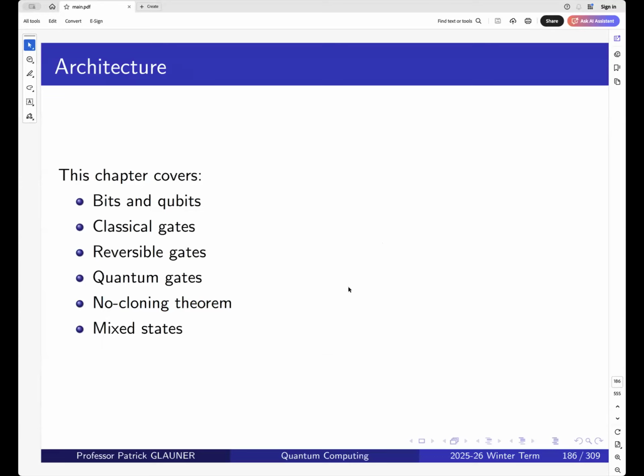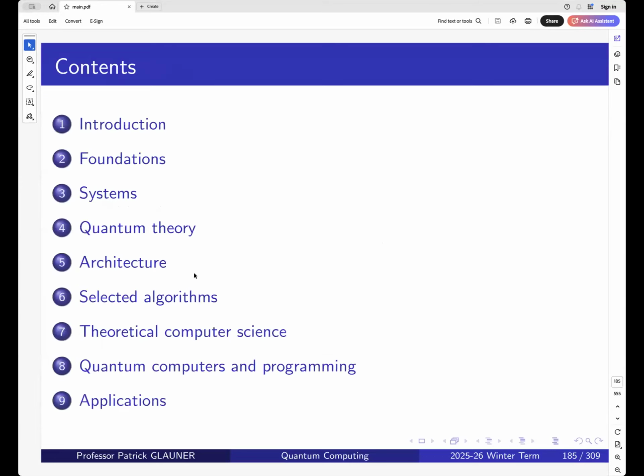So we will look into that chapter next week. Possibly we will not fully finish it next week. So we need 2 weeks for the architecture chapter and see how we can describe quantum computations. And once we have this, we will see algorithms, quantum computers, concrete architectures, how to program them, as well as some theoretical limitations of quantum computers.